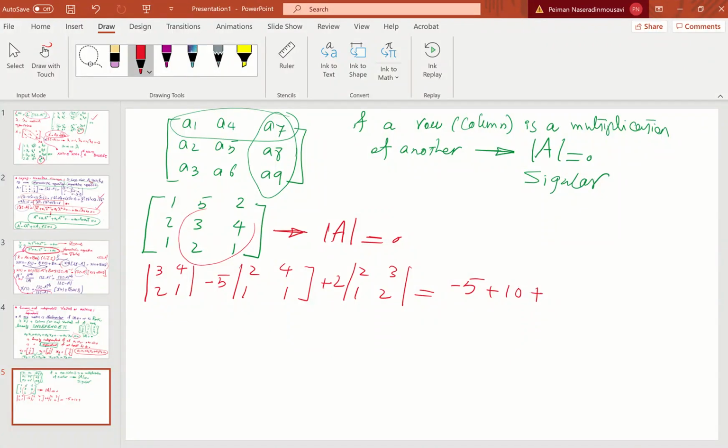Oops, I'm stupid. I multiplied by 2; this must be 2. So this, 3, 4, this is going to be 2. And 6 minus, this is 2. Okay. And 5, 2, 4, 1, 2 again. This is going to be 0.